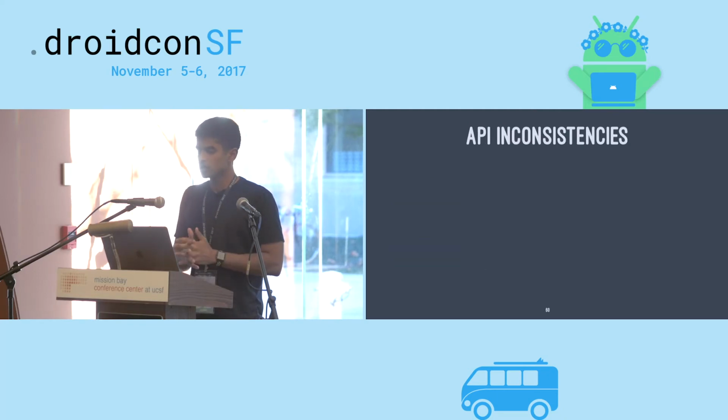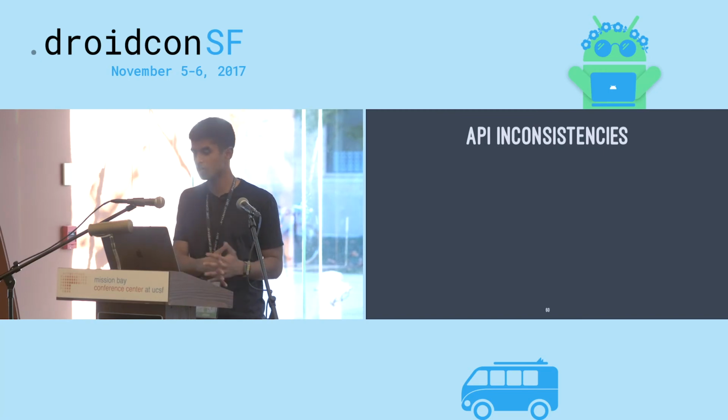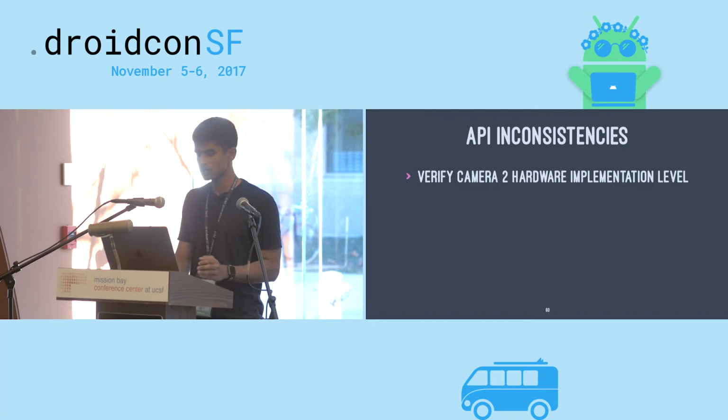And so, as we've seen, it's not too hard to implement Camera 2 API or Camera 1 API, but the more complicated part is the inconsistencies across devices and APIs. So before you build any features, you want to always keep checking the hardware implementation levels before you start using features on a certain device.